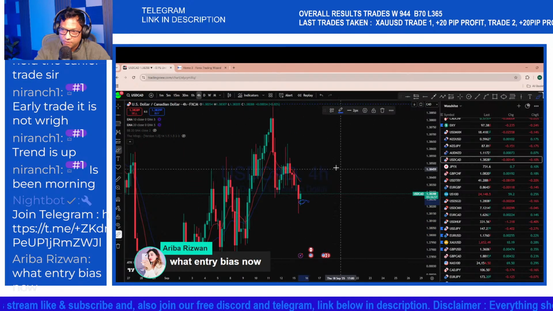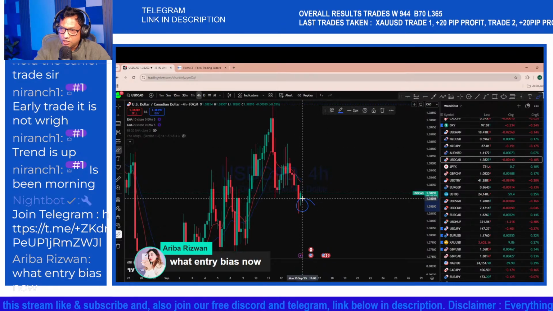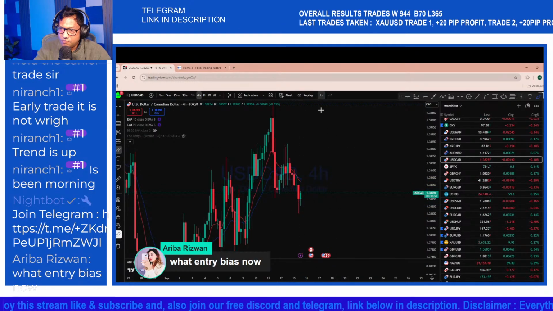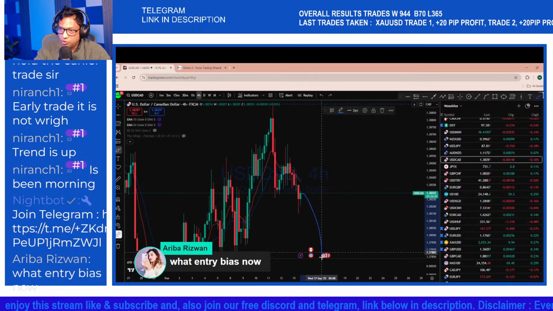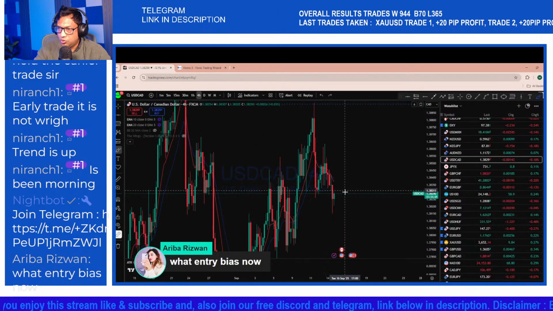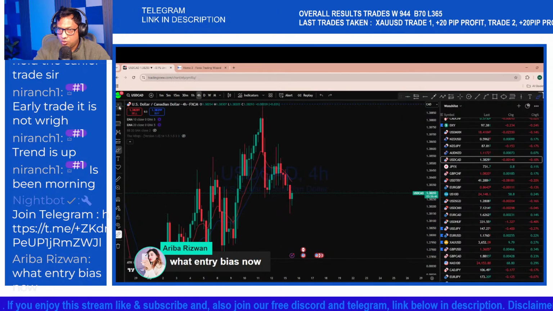Today we can see the price tested the lower shadow and now on a pullback, expecting dollar CAD possibly to come back here to create a new lower low in this market.